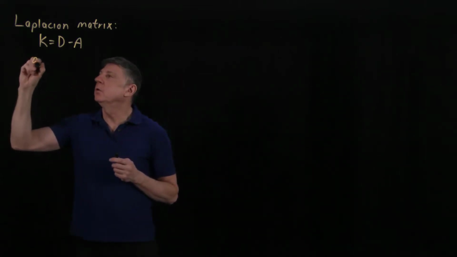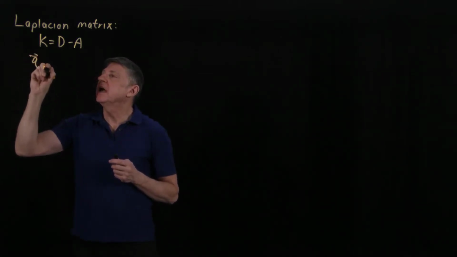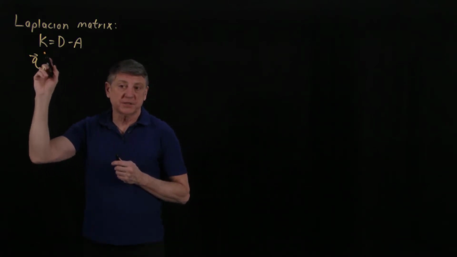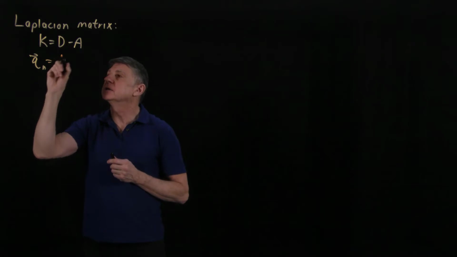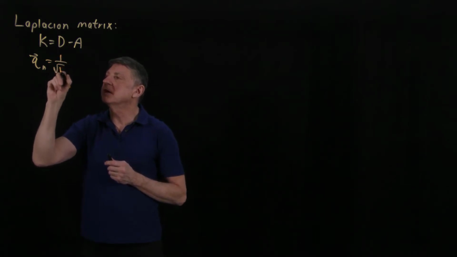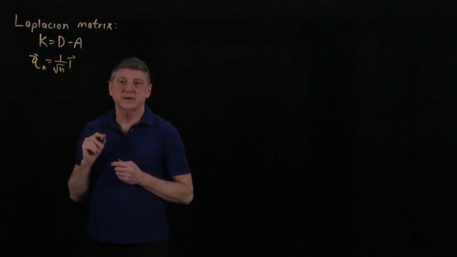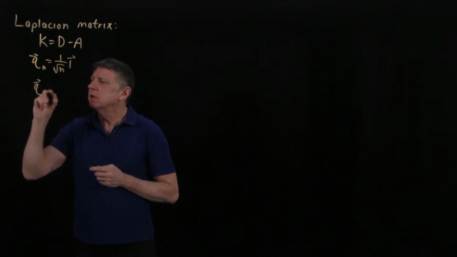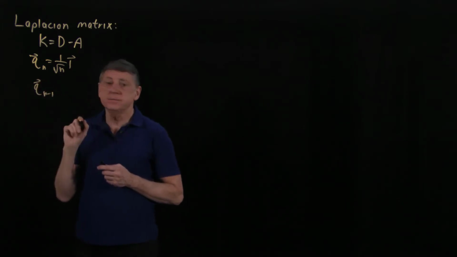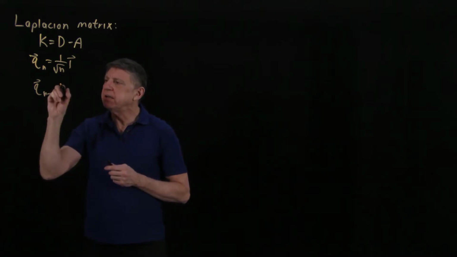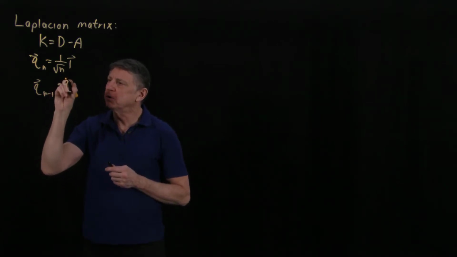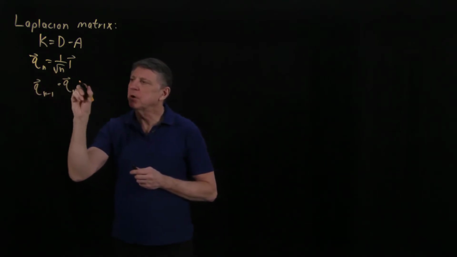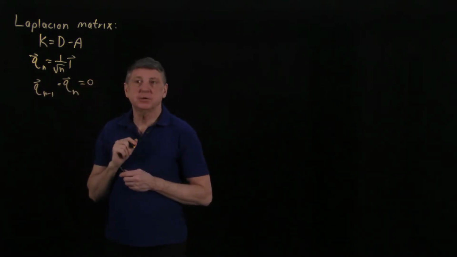So what we know is that the nth eigenvector of the spectral decomposition of K is 1 over the square root of n times the ones vector. And the Fiedler vector is n minus 1, and that has to be orthogonal to this vector, and so the dot product of those has to be 0.